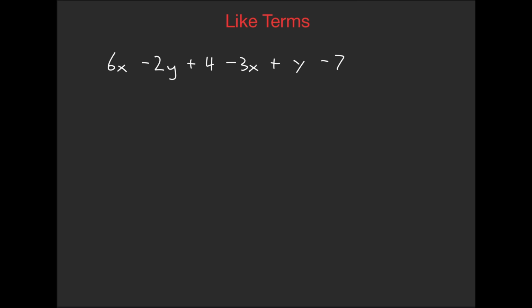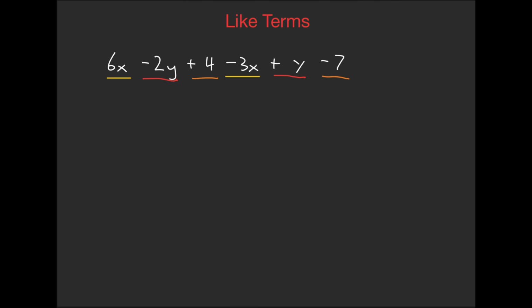Okay, so we begin by first identifying which the like terms are. In this expression we have a 6x and we also have a minus 3x. We have a minus 2y and a plus 1y. And then we've got our constant terms with no letters attached to them, which is a 4 and a minus 7.